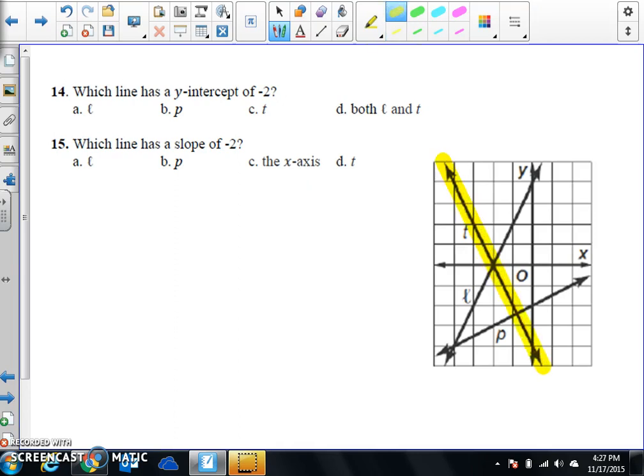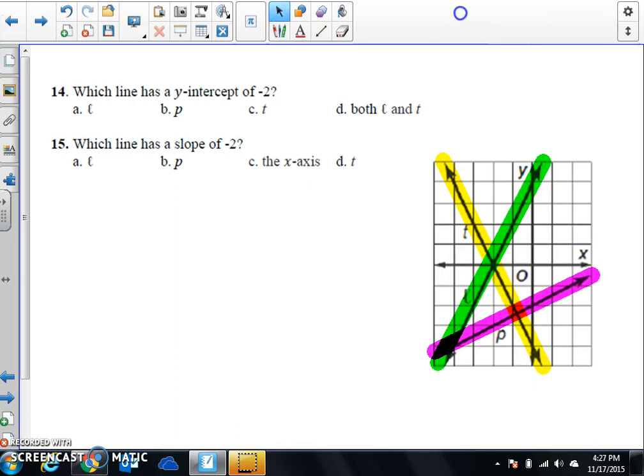Okay, so this yellow one is T, green is L, and purple is P. All right, so it tells me which line has a y-intercept of negative 2. I'm going to go to this graph. Here's the y-axis right here. So a y-intercept of negative 2 is right there. That's the purple line, which was P.